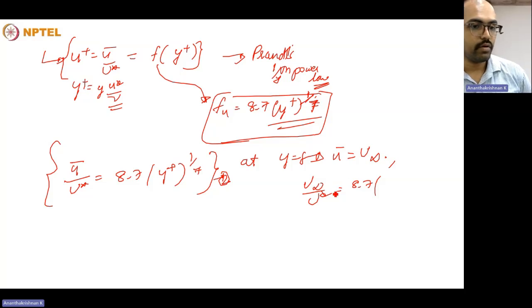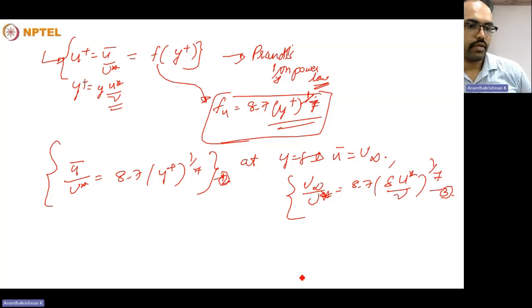So y will become equal to delta, giving u star delta divided by mu, the whole power 1/7. So this is one boundary condition, at y equal to delta where u equals u infinity.